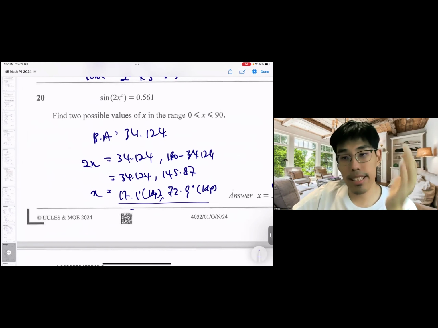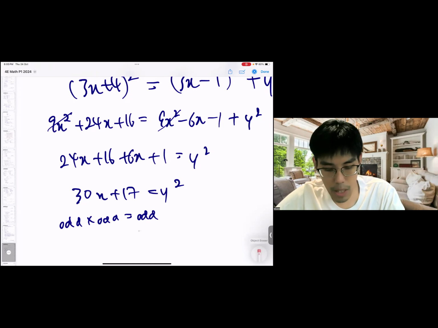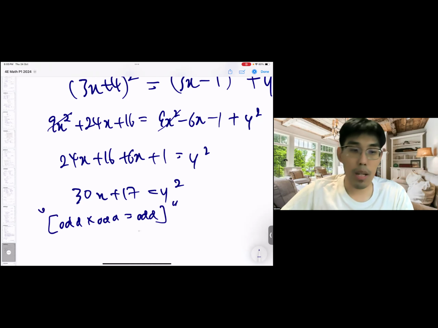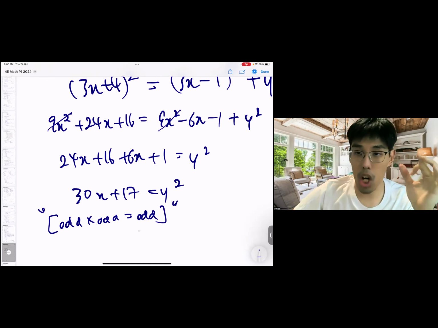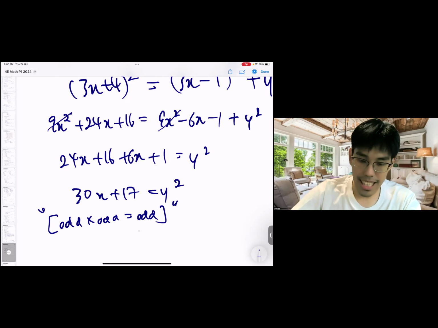So if I want to show that y is odd, y squared must be odd. Because we must always remember that odd times odd equals odd. Important. Okay, so this is the idea. As long as we show that y squared is odd, y will be odd. That's the idea.